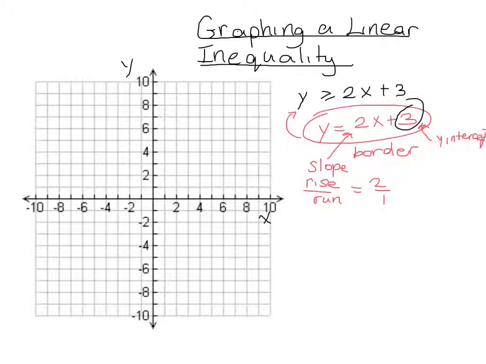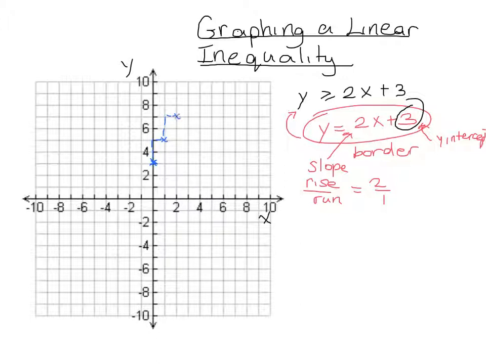So in this graph, we're going to start off with our y-intercept, 3, where our borderline crosses the y-axis. Now, for every 2 that the graph rises, according to our slope, it runs 1. So the next point on our borderline is there at 1, 5. It goes up again, up 2, and over 1.